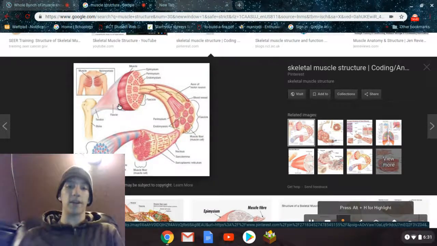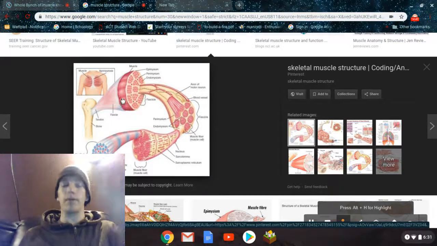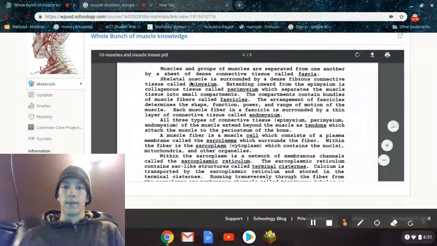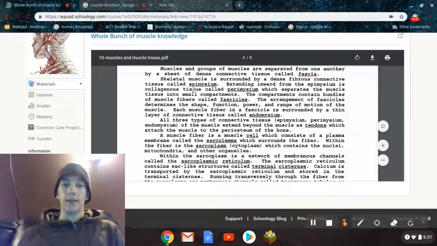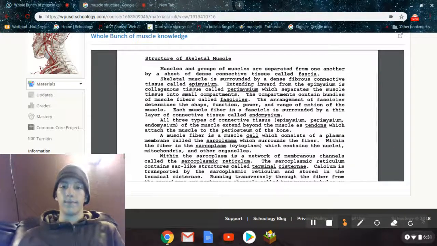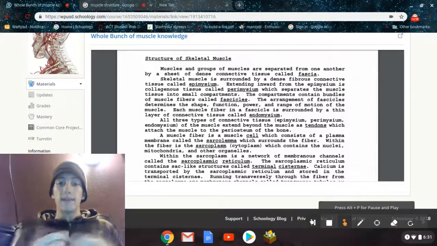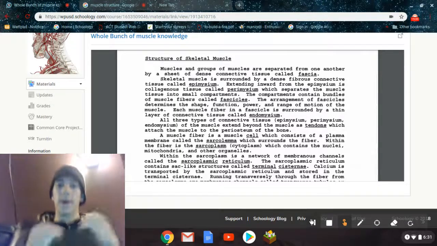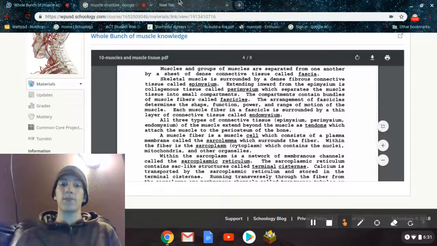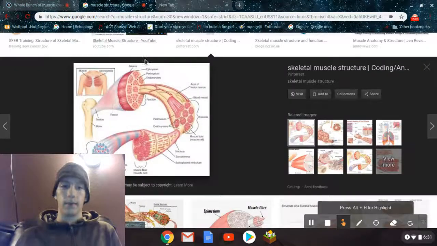It's called fascia, and it's what keeps all of your muscles together as the one muscle. Skeletal muscle is surrounded by dense fibrous connective tissue called epimysium.